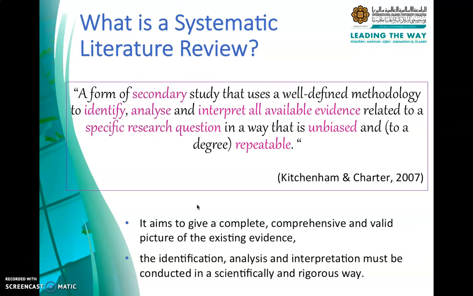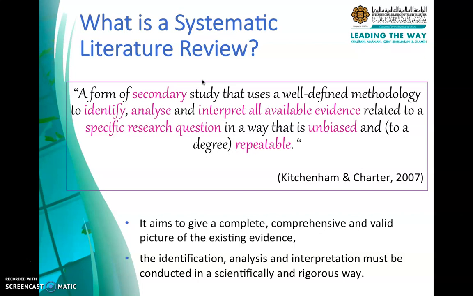Systematic literature review is actually not a new methodology. This methodology has been around for a long time. It has been used in the field of medicine, and it has also been used in other domains like psychology, education, economics, and many other fields. So what actually is a systematic literature review?